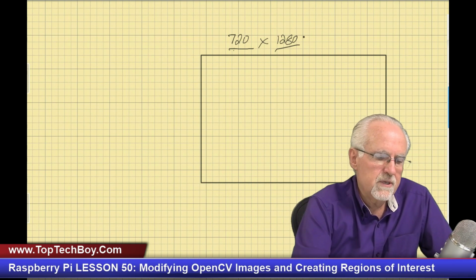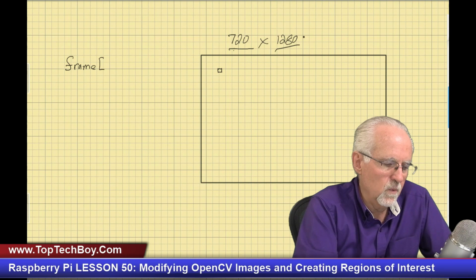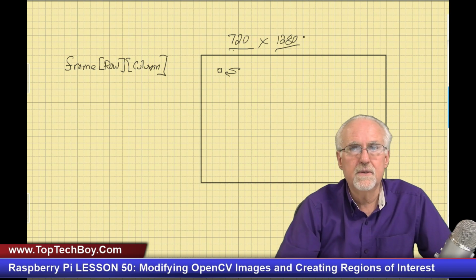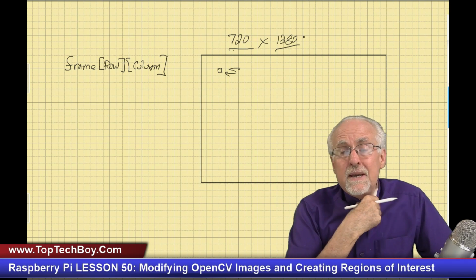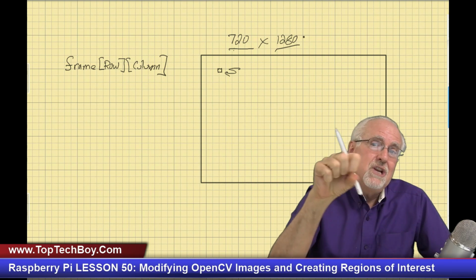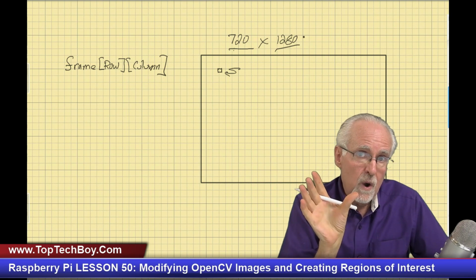Now this is the thing that I want you to start seeing. What we saw is we could investigate any pixel by saying I want frame of the what? The row, and then frame of what? The column. And then that would go to a specific pixel. But as we start manipulating images, what you really want is you want to snag, or manipulate, a given range of the picture.